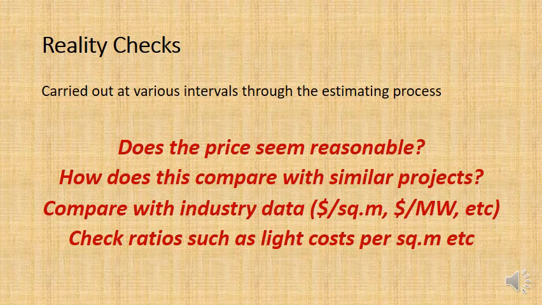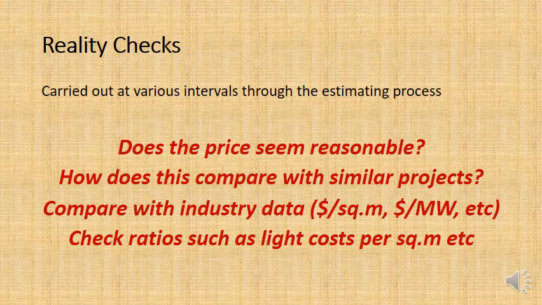So let's say you're building that dam that we talked about earlier, and you could say, you know what, it seems like we need an awful amount of clay according to this estimate for a dam this size. Normally dams this size don't need that much clay, so you can just double check the quantities.